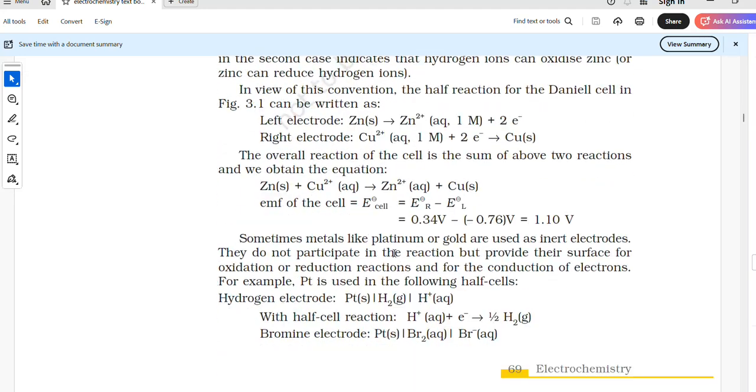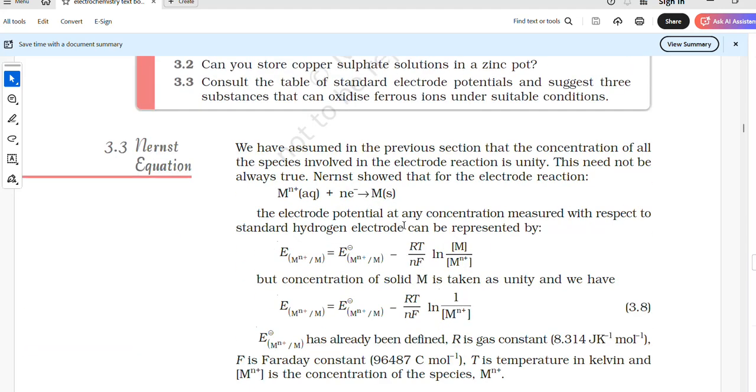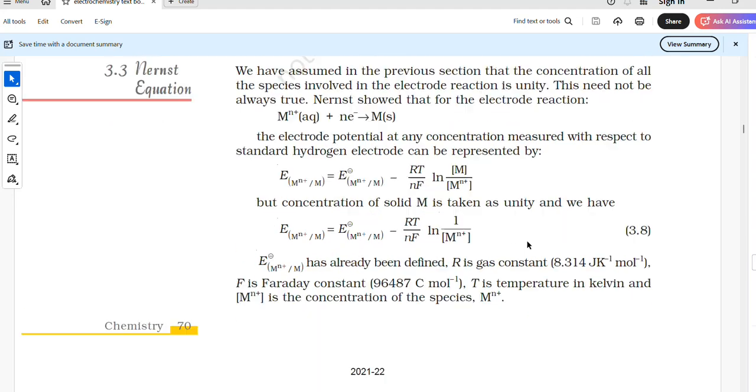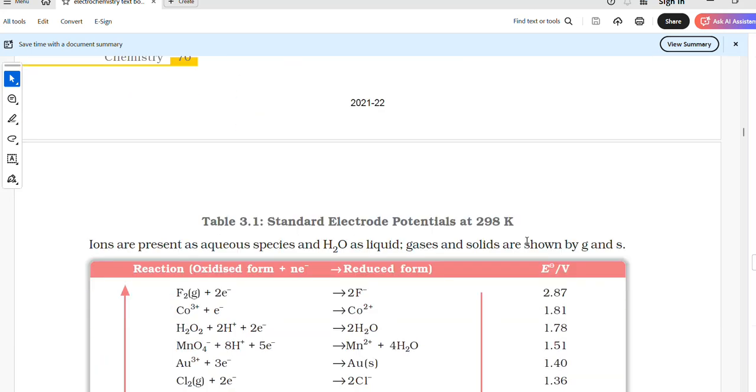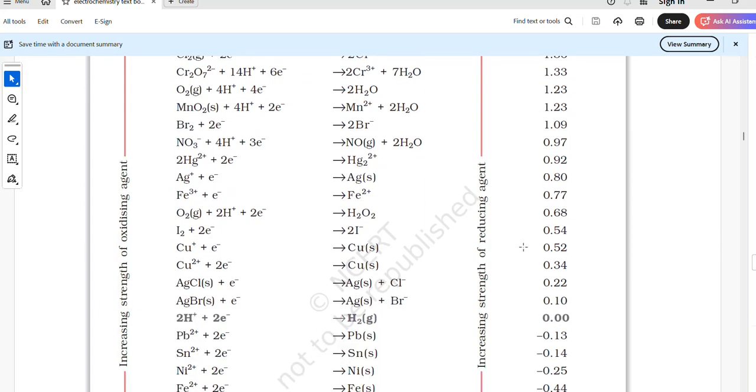And I was talking about the gas ion electrode and how it is established as the standard hydrogen electrode, and the value of the standard hydrogen electrode reduction potential is zero.